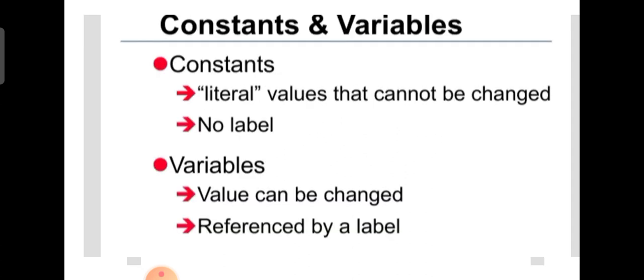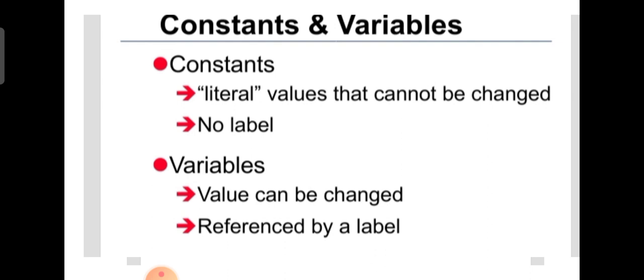Next come your constants and variables. Values which never change in a program are known as constants. There are no rules for naming them. There are two types of constant. One is your numeric constant, second is your alphanumeric constant.